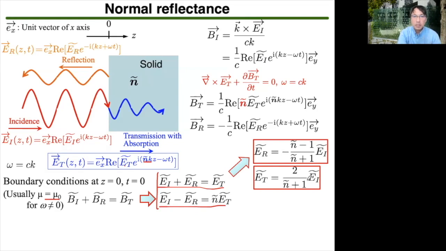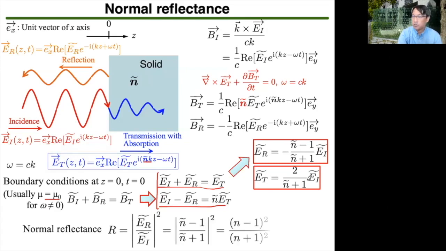Since the intensity of the light is represented by the square of the amplitude, a very observable quantity, the normal reflectance, large R, is obtained as this formula. We can notice that the normal reflectance, large R, is a function of only the complex refractive index.